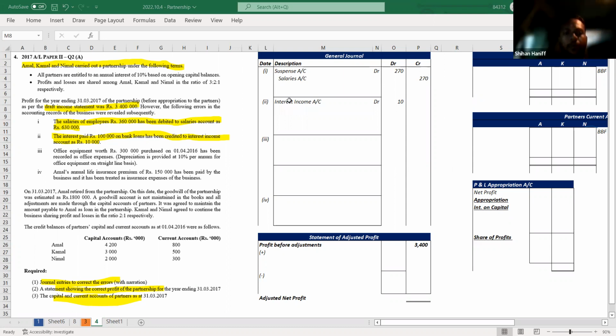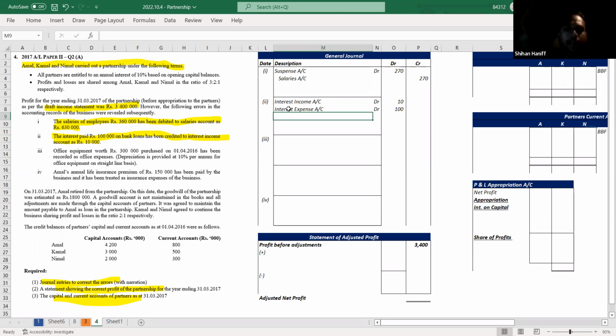And now we need to record the correct double entry. What is the correct double entry? It's interest payment. Interest expense account, $100. And they are not telling about the bank account or the payment, the cash or bank account.